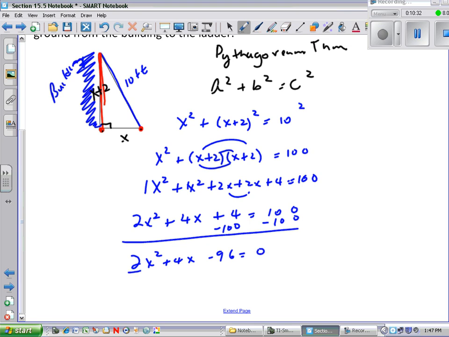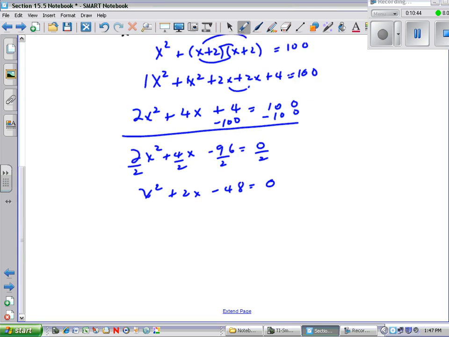I can actually divide all of those by 2 to keep it a little smaller. And this would be particularly helpful if you were going to try to factor it. X squared plus 2x minus 48 is equal to 0. This would be easy to factor, but I'm going to go ahead and use quad. A, B, and C. A is 1, B is 2, and C is negative 48.